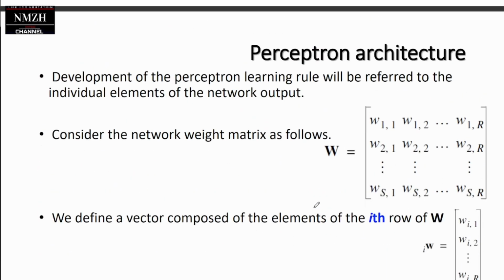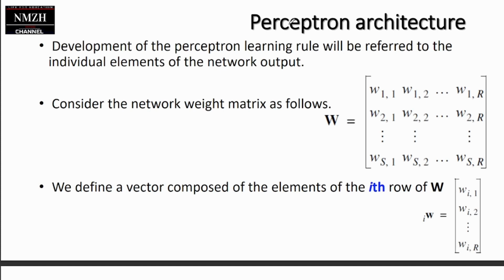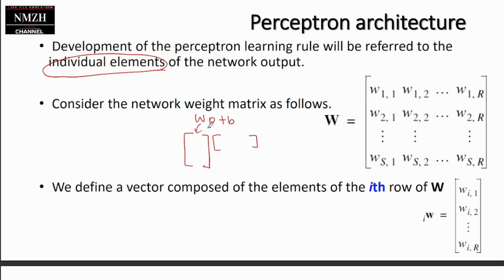Okay, in this perspective, the development of the perceptron learning rule will refer to the individual elements. This would be the keyword: individual elements, meaning we are talking about the matrices. Because of W with P, plus B, this is the weight, and this is the input. The input is a matrix and the weight W is a matrix, but the bias is not a matrix because the bias is standing alone.